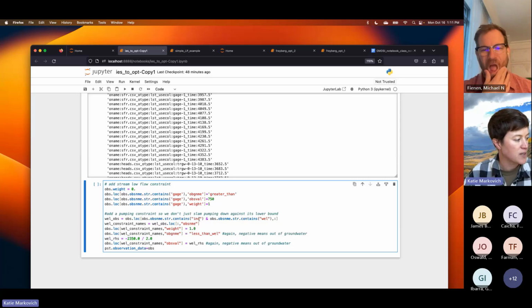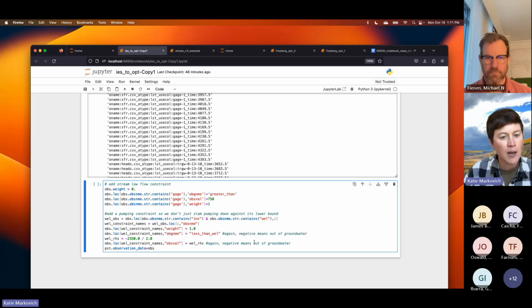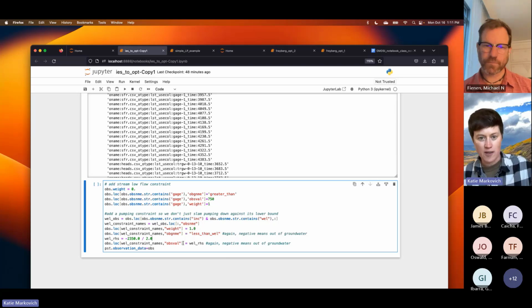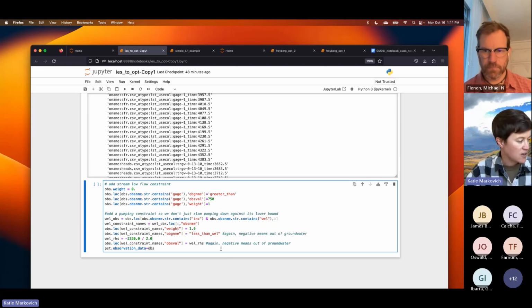And this is incremental, but it's reported for all of the pumping wells. So that stops PEST plus opt from slamming things to zero to satisfy a constraint or to satisfy an objective, for example. And it gives us some amount of pumping throughout the year, but obviously it's going to be greater than that during some parts of the year. So that's it for the observations.